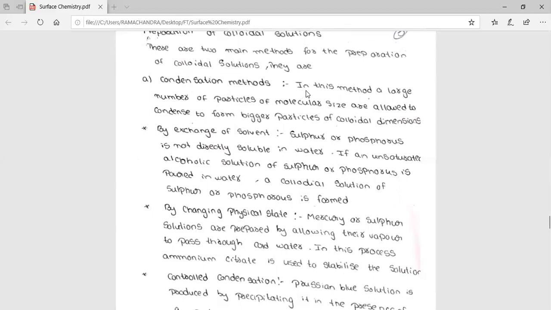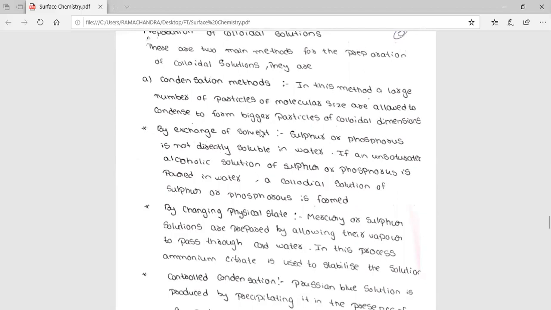In this method, a large number of particles of molecular size are allowed to condense to form bigger particles of colloidal dimensions. That is the condensation method.